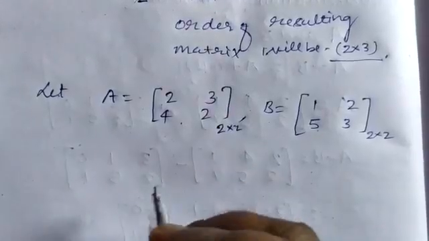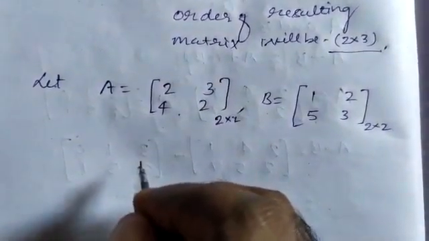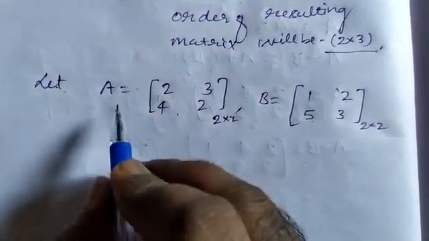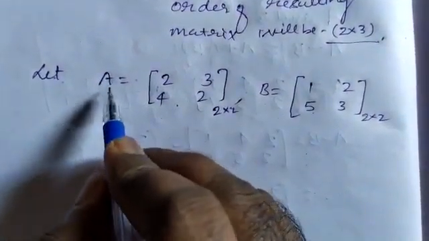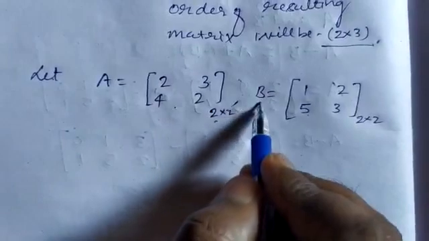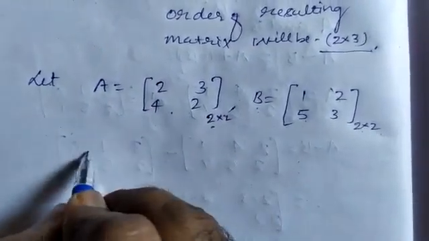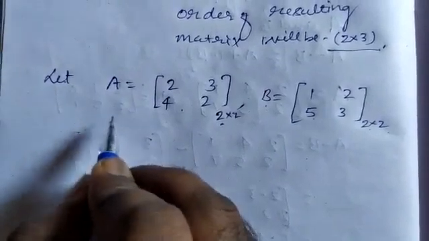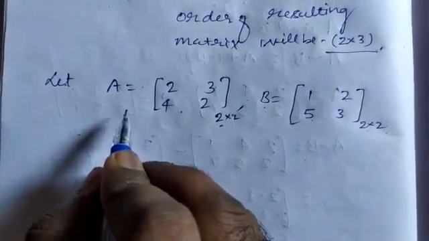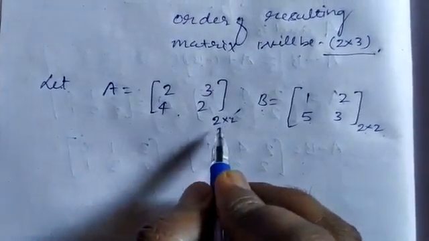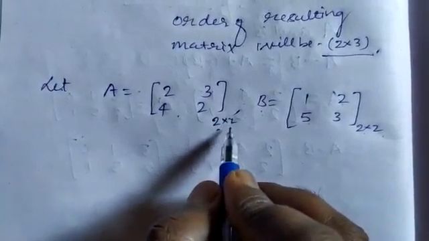Now the next step is how will you multiply the given matrices. Let's take an example: A matrix of order 2 cross 2 and B matrix of order 2 cross 2. We have to multiply, but first of all we have to see whether multiplication is possible or not.